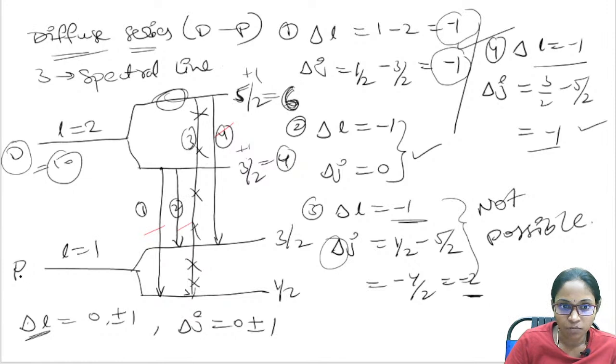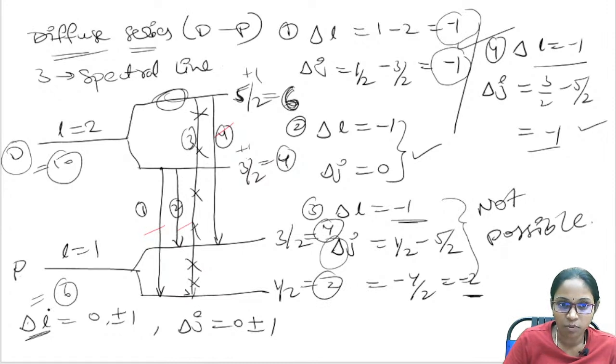And in the p orbital, in the J 3/2 energy level it can be filled with 4 electrons, and here with 2 electrons. In total, the p orbital can be filled with 6 electrons.